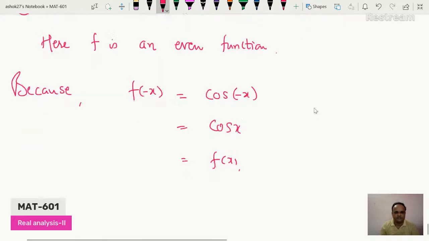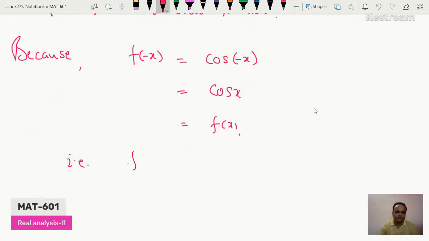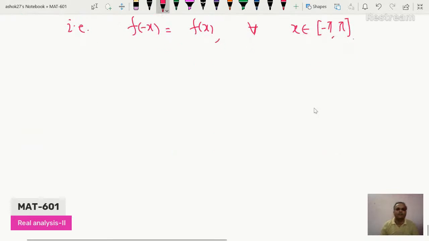So you can write f of minus x is equal to f of x, and it is true for all x belonging to the closed interval minus pi to pi. Therefore this function satisfies the definition of even function, and hence f(x) equal to cos x is an even function.